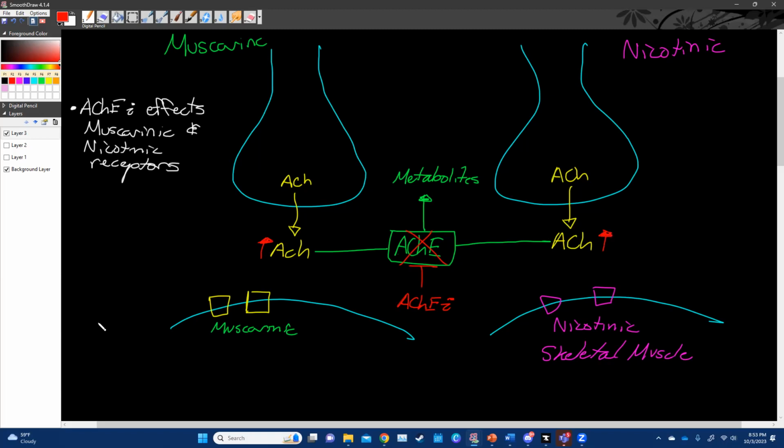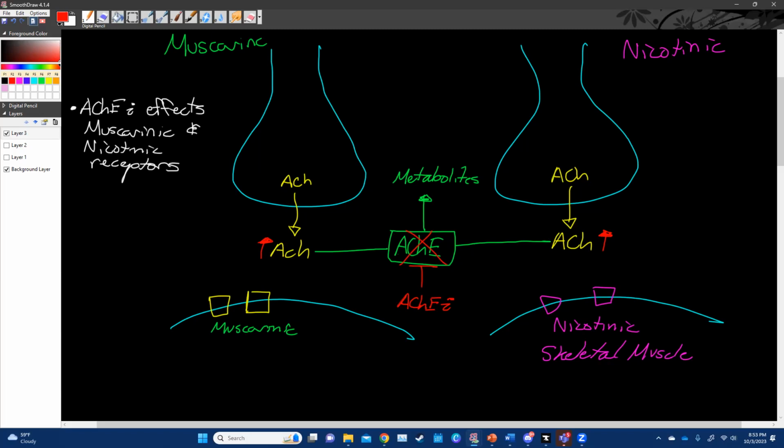So what does that mean about our muscarinic activation? Are we going to get more or less muscarinic activation? It will be overstimulated. Tons of muscarinic activation, right? So you're going to cause the heart to slow down. You're going to cause the bronchioles to constrict.